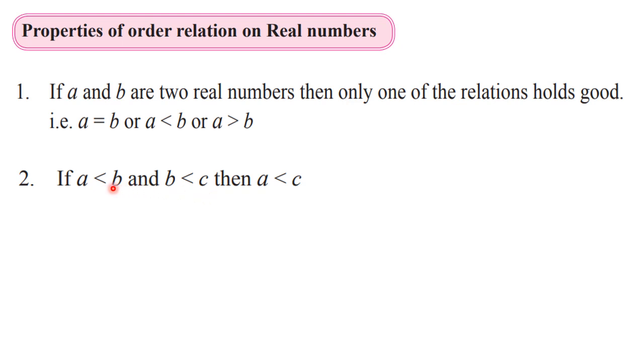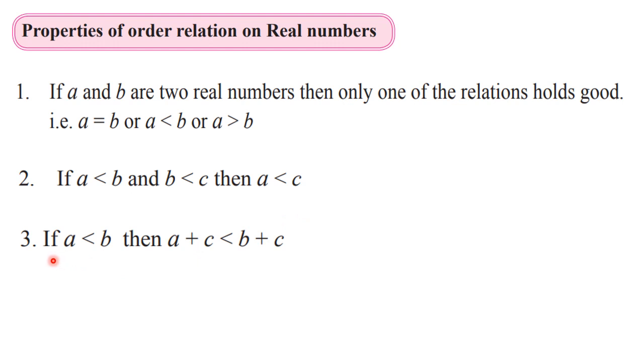So if the first number is smaller than the second and the second is smaller than the third, then the first number is smaller than the third one. If A is less than B and B is less than C, then A is less than C. Okay, let's go further.